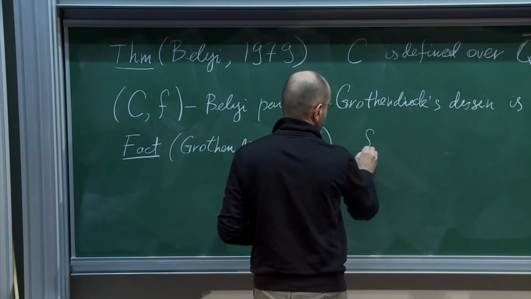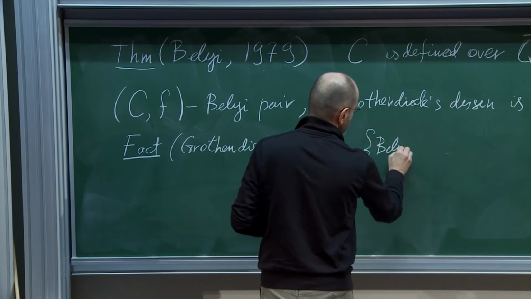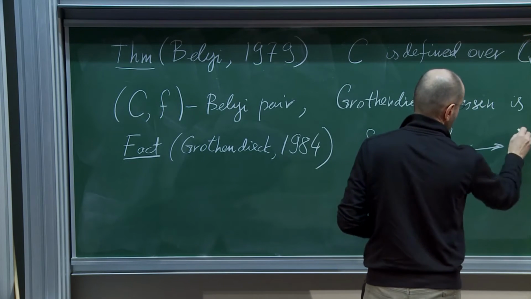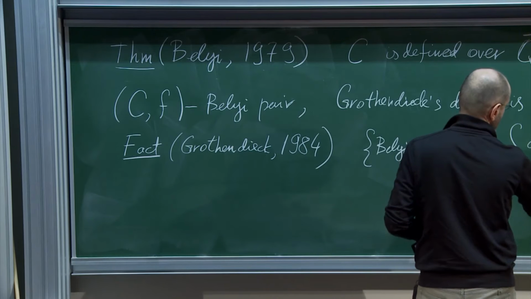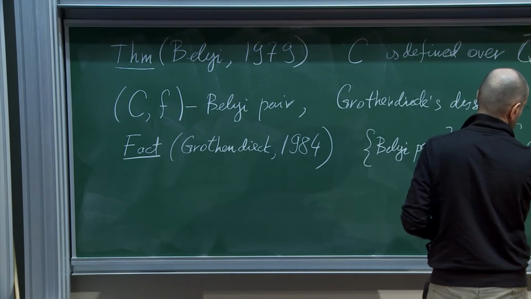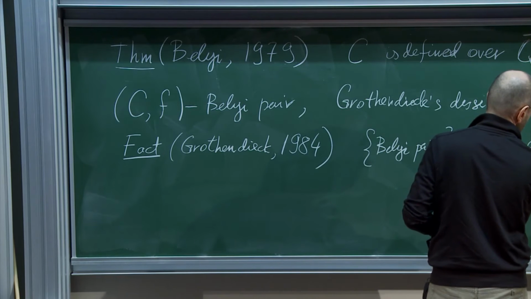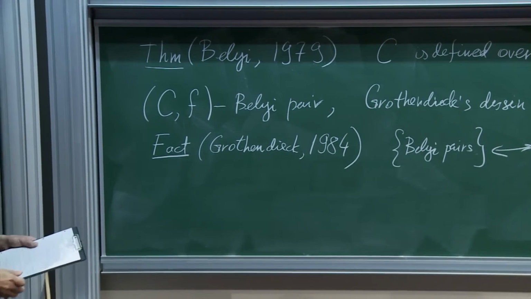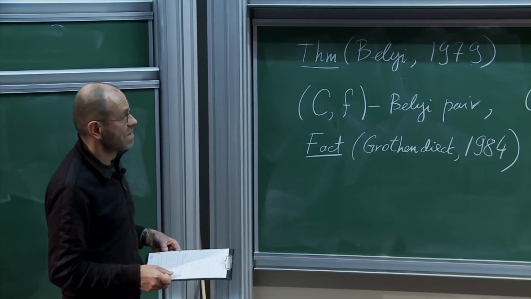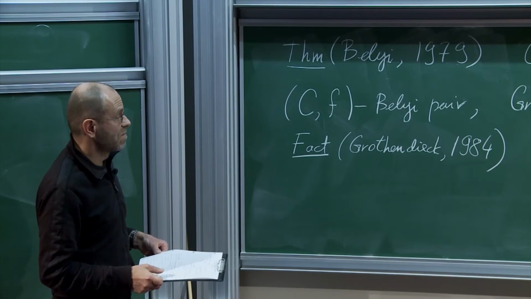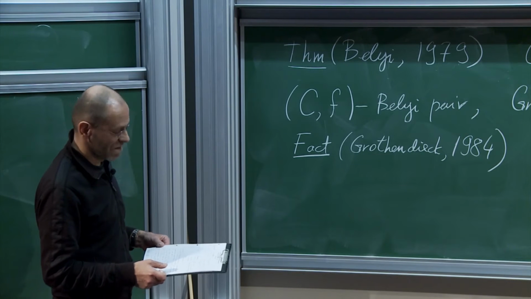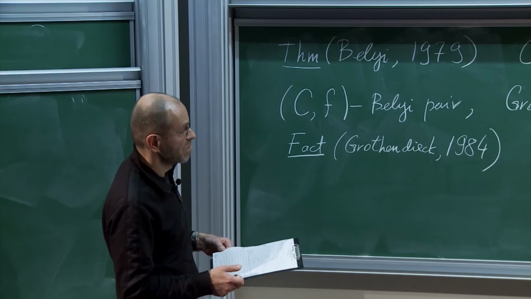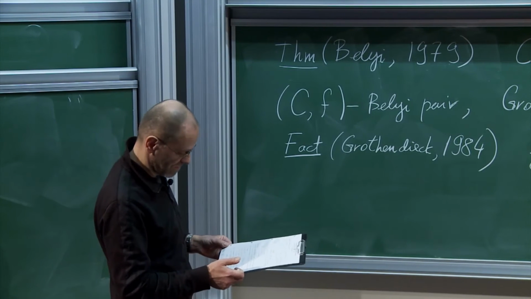And it says that there is a one-to-one correspondence between Belyi pairs and dessins. So to count the number of coverings is the same problem as to count the number of dessins or ribbon graphs with vertices colored in two colors.